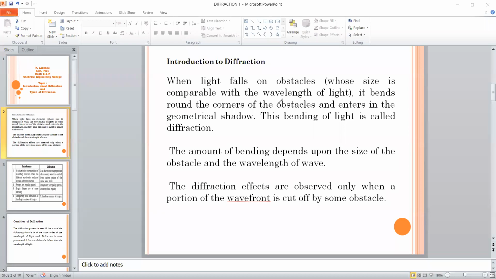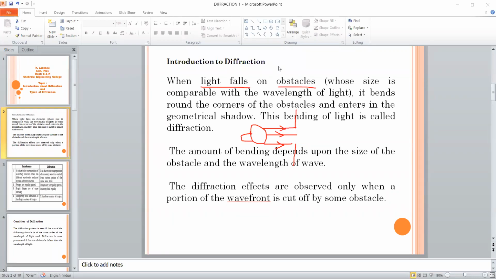Obstacle means a small aperture. For example, this is the bulb. These are the light rays which are emitting from the bulb. Now, in this path, if there is any window or any door, this acts as an obstacle for the light. So that is the meaning.